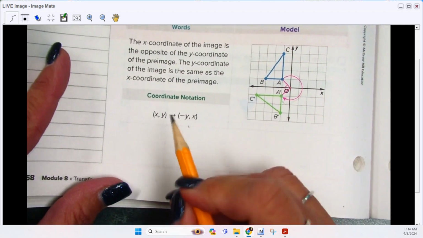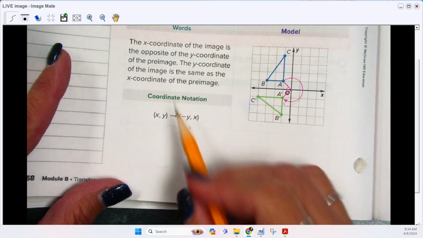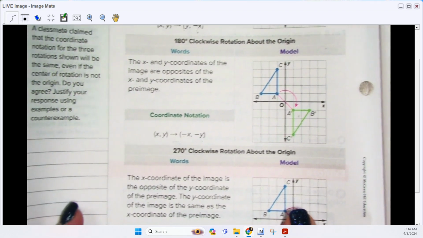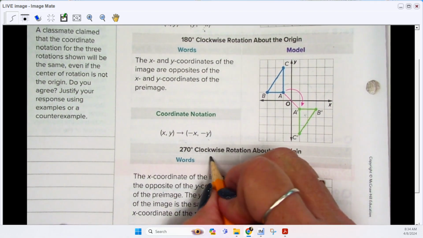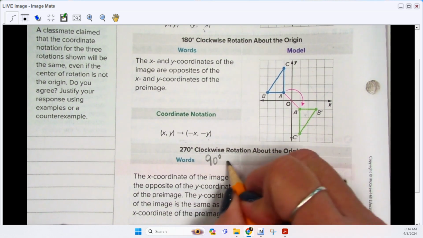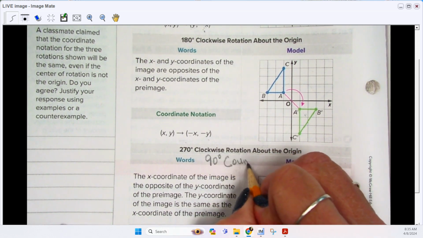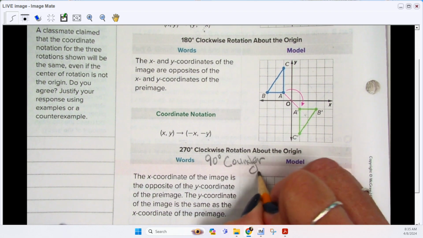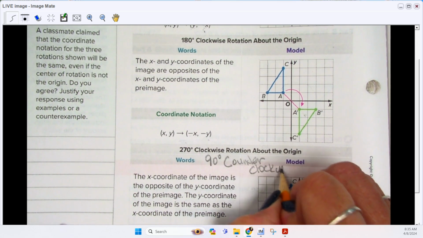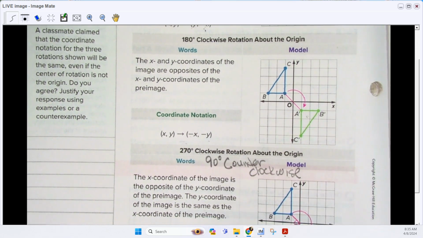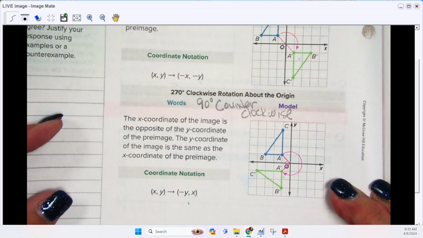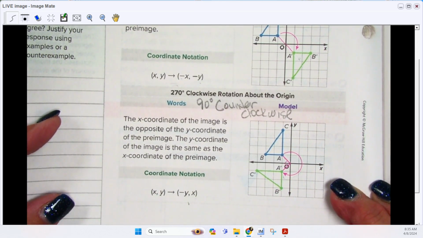Now, 270 degrees clockwise is the exact same thing as 90 degrees counterclockwise. And most books are going to talk about counterclockwise instead of using 270 degrees clockwise.